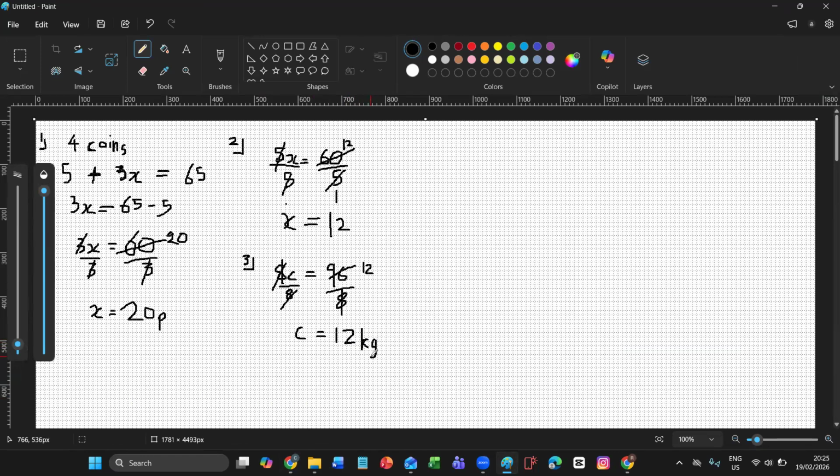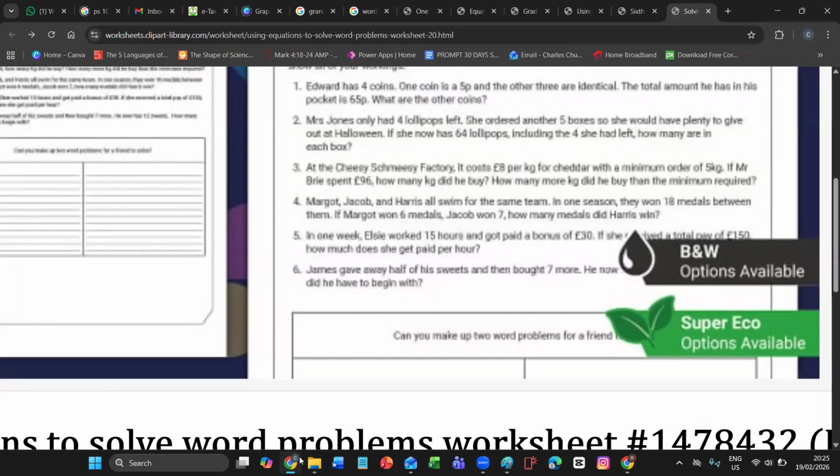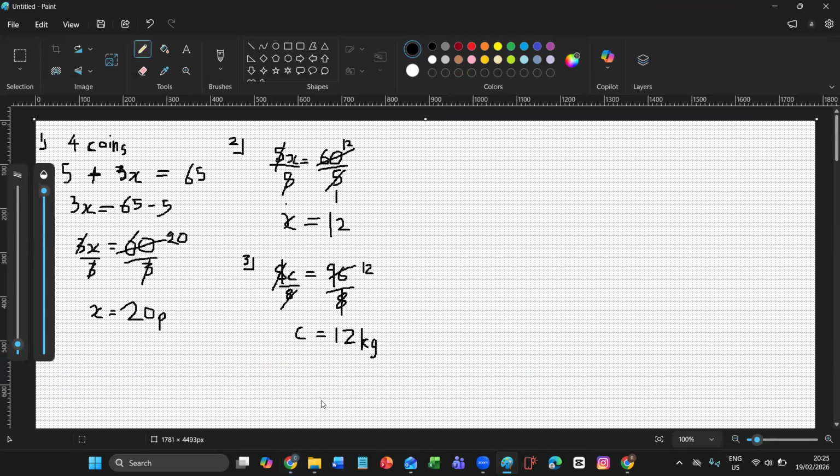The second question is this: how many more kilograms did he buy than the minimum required? Remember, the minimum required is how many kilograms? 5 kilograms. So how many more means 12 minus 5? Do you agree?